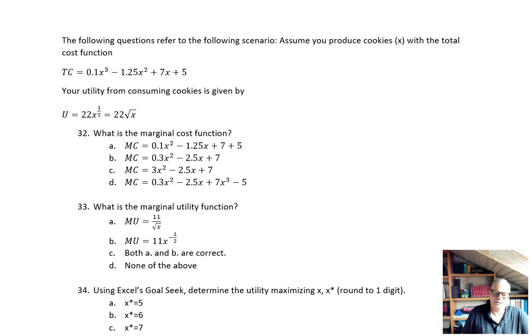So the 5 doesn't have an x to it, so that's obviously independent of output, so that must be the fixed cost. Because if you don't produce anything and x equals 0, you still have a total cost of 5. So now we know that they have an inversely S-shaped shape.